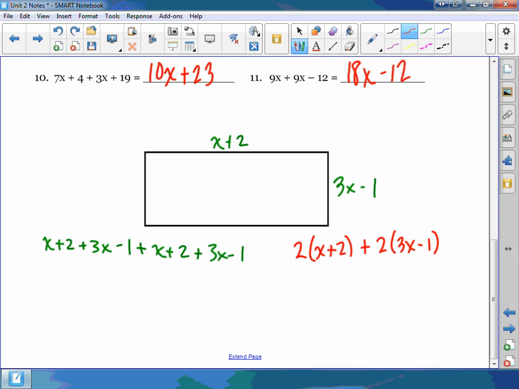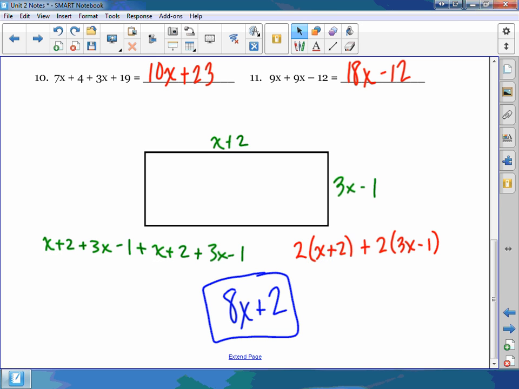I could just add those 2 up when it's all said and done. And both of them would accomplish the same thing. Simplified, these expressions would end up being 8x plus 2. So the perimeter of this rectangle is 8x plus 2.